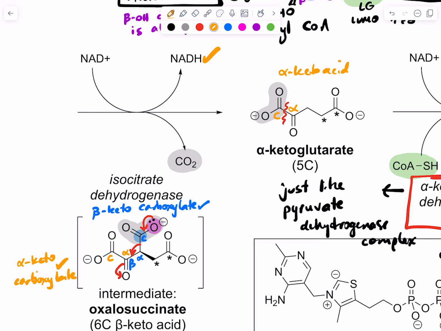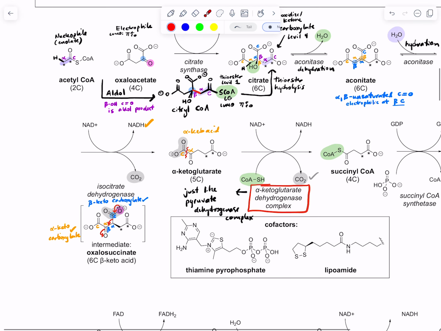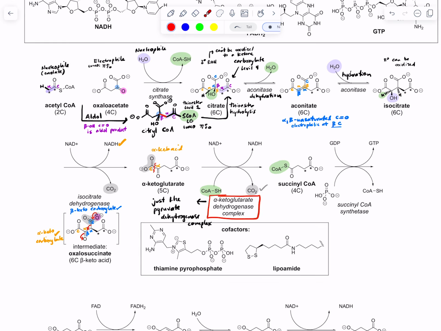Yep. Yes? This is the intermediate of what? So what's here is the intermediate of isocitrate dehydrogenase. So you start with isocitrate, it gets oxidized to oxalosuccinate, but that doesn't stay around long. It immediately decarboxylates in the enzyme active site to make that. So some people will consider this a separate step in the citric acid cycle.